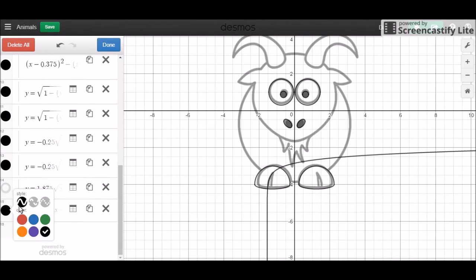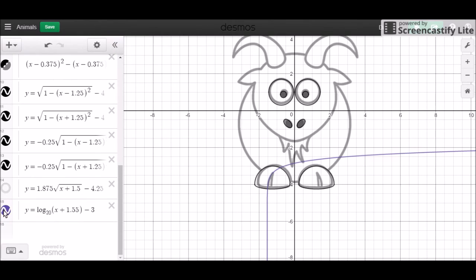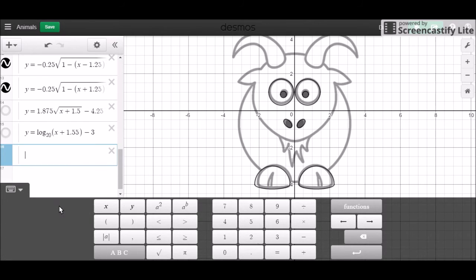And then the next line that I have in mind, I can do a hyperbola. So that hyperbola is the square root of 1 plus... too far... minus 4.25.